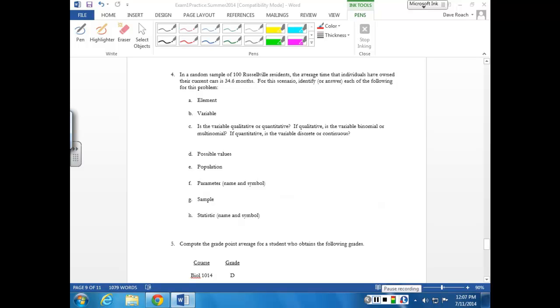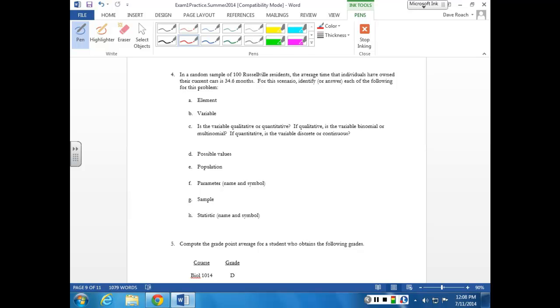Okay, on number 4, a random sample of 100 Russellville residents. Average time is 34.6. And we're going to identify all of these things. Surprisingly to me, this actually gets missed more than the problems, historically.